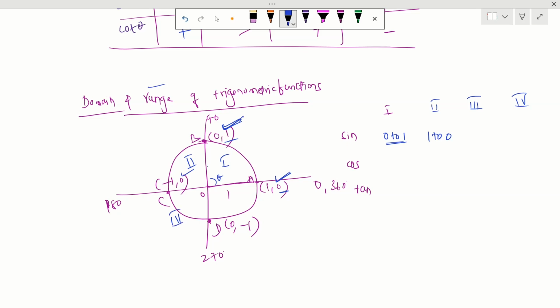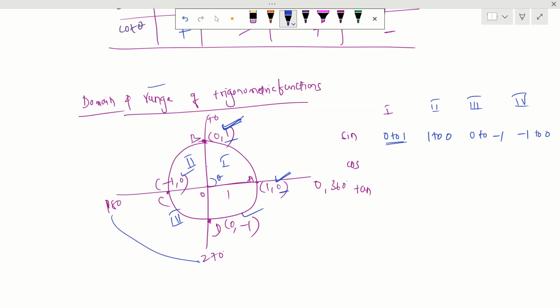The third quadrant is 180 to 270 degree. Here the second value, the sine value, goes from 0 to minus 1. And what about the fourth quadrant? In the fourth quadrant it goes again from minus 1 to 0, right? Understood.